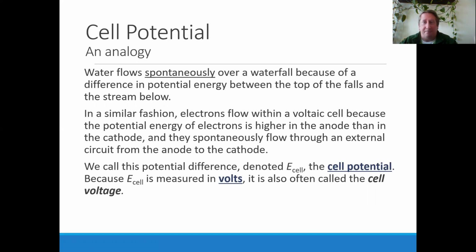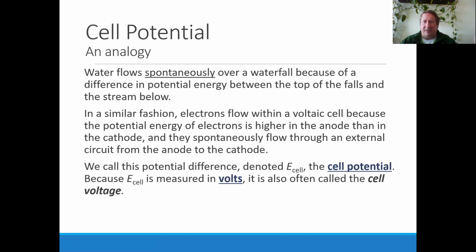It's the same reason a ball falls down a hill and doesn't go back up on its own. It'll go down the hill because it's going from a higher potential energy at the top of the hill to a lower potential energy at the bottom. So things tend to go from a higher energy state to a lower energy state. They don't on their own go the other way.